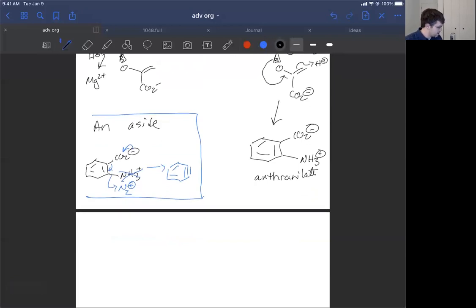Okay, so anyway, let's get back to tryptophan. So with anthranilate, we can go through a few steps that involve sugar condensation.